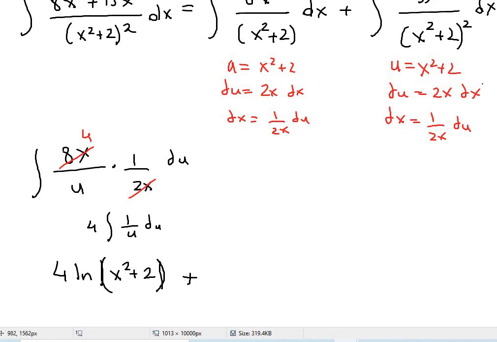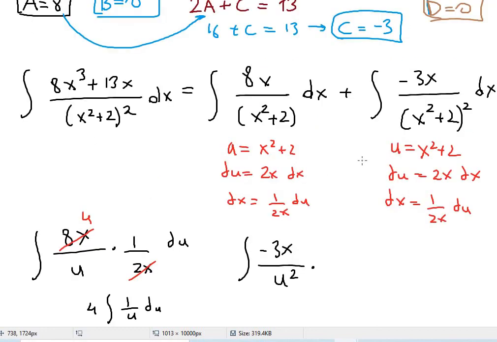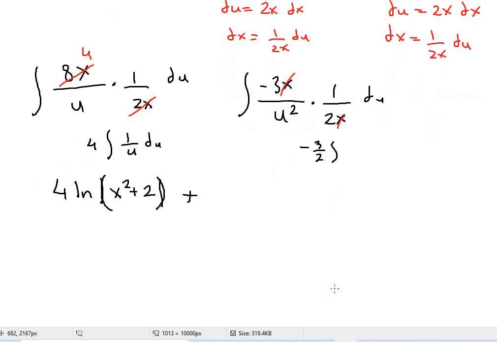Plus, for the second integral, we have the integral of negative 3x over u squared. Instead of x squared plus 2, we're going to write u, and we have squared here, and instead of dx, we're going to write 1 over 2x du. And here the x's cancel out, and we can pull negative 3 over 2 to the front, and we can take u squared to the numerator as u to the negative 2 du.